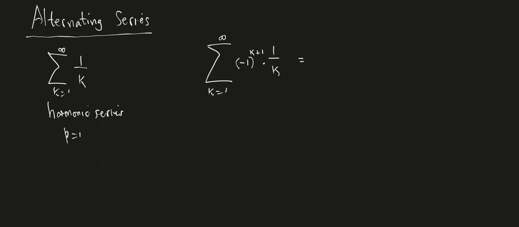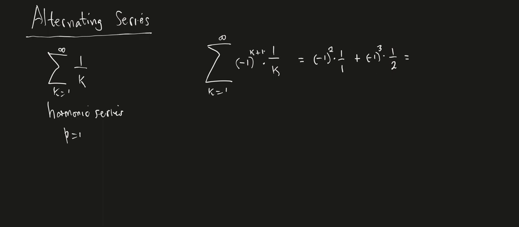So when k is equal to 1, the exponent will be 2. In fact, let me not skip too many steps. So this is going to be (-1)^2 times 1/1. And then the next term is going to be (-1)^3 times 1/2, right? So this is what I would get when I plug k equals 2 into my summand.